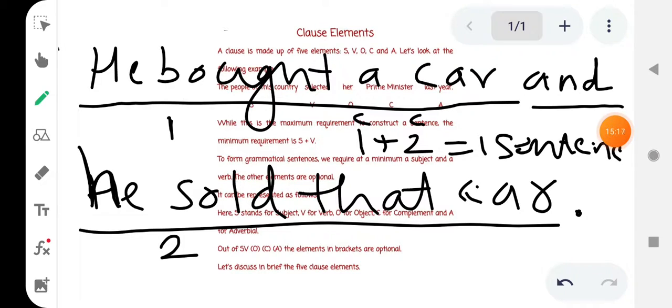So in this one sentence there are two different clauses.